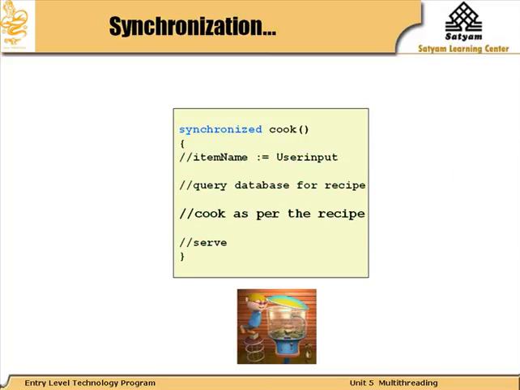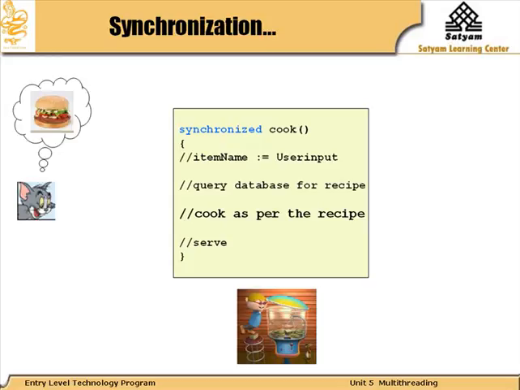Here comes Mr. Cook once again with a synchronized cook method. Synchronized is a Java keyword used to declare synchronized methods, which means that only one thread can access a method at a given time. There comes the Tom thread, who wants to eat a burger.